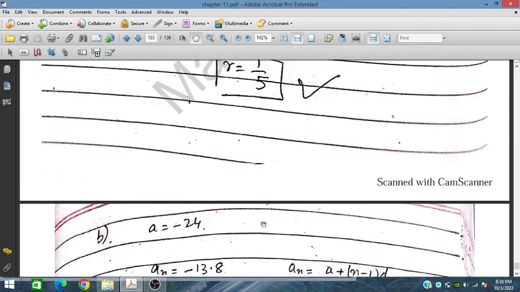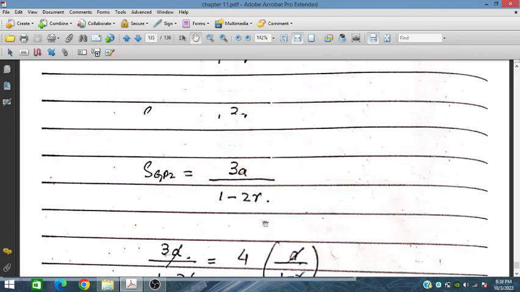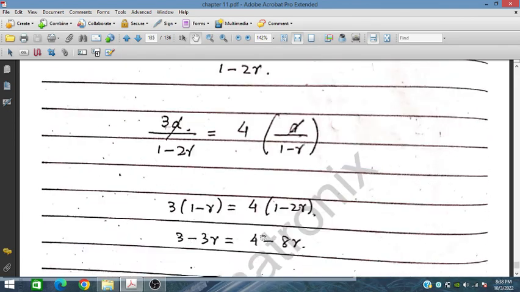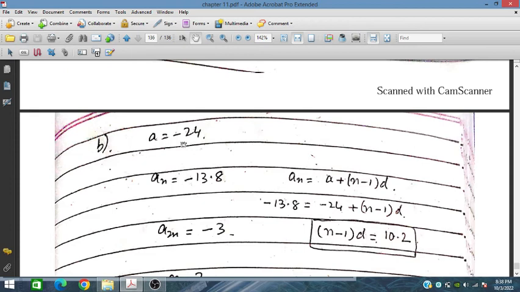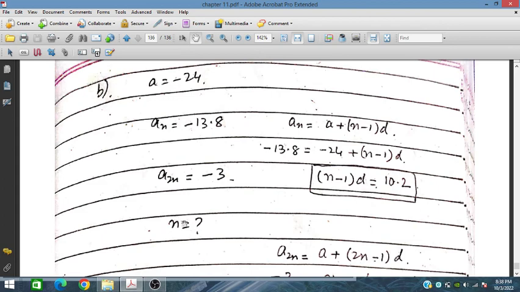And for part B we have to solve. So a is given as minus 24 and an is given as minus 13.8, and a2n is given as minus 3. We have to find the value of n. From this we have an is equal to a plus n minus 1 d.